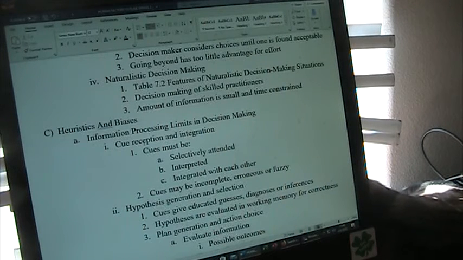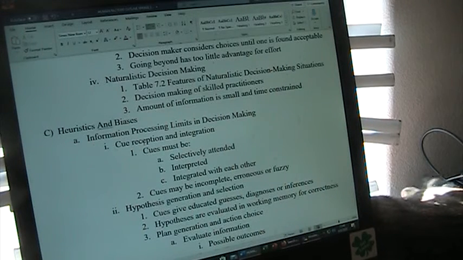Right? That has to be used in conjunction with what things look like. Another characteristic is uncertain dynamic environments.